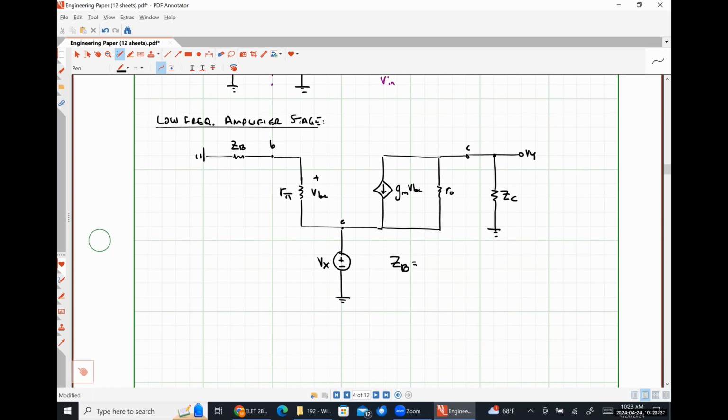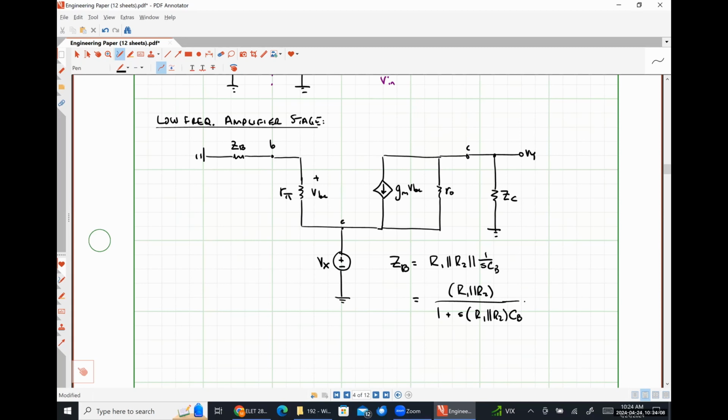ZB is nothing more than R1 in parallel with R2 in parallel with 1 over SCB. So we could express that as R1 in parallel with R2 over 1 plus S times R1 in parallel with R2 times CB.